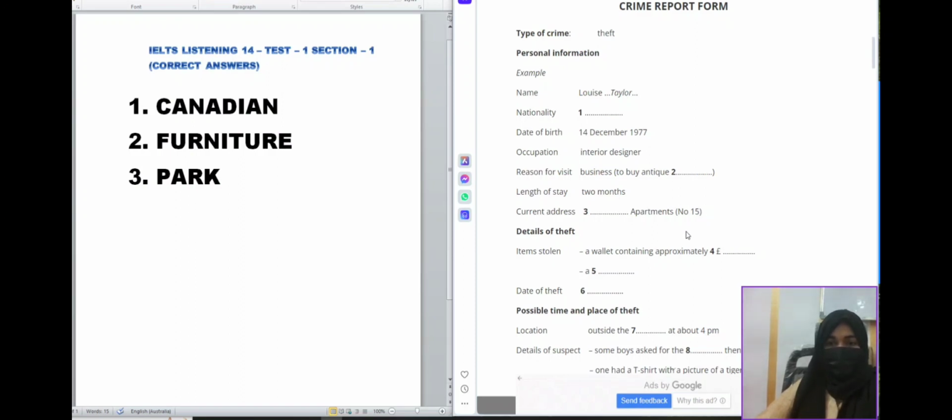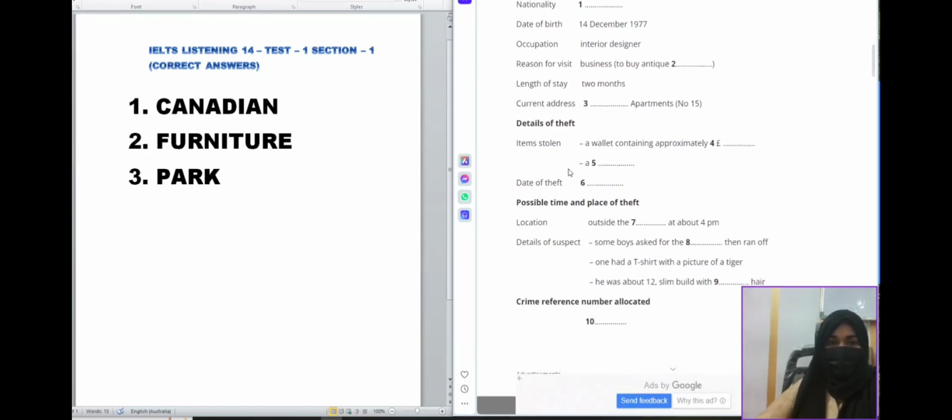Before you hear the rest of the conversation, you have some time to look at questions 4 to 10. See, details of theft. A wallet containing approximately, here will be amount, according to the conversation. Okay, what will be in the bag? And date of theft.